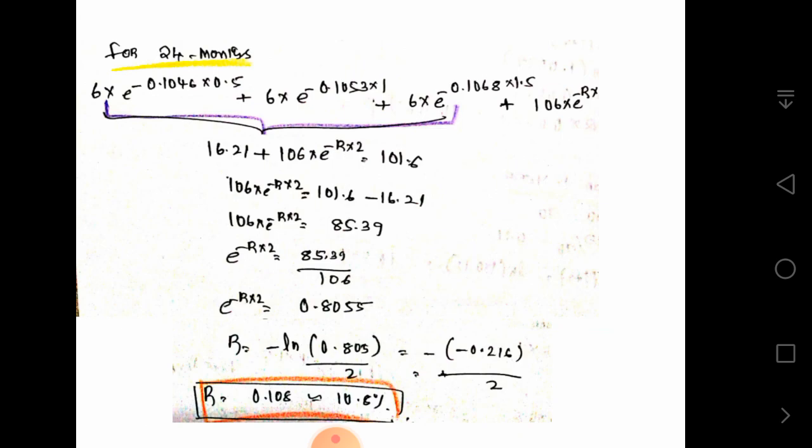Similarly, you can calculate for 24 months. If I want to calculate 24 months, the semi-coupon rate is different again. They said it is 6 rupees.